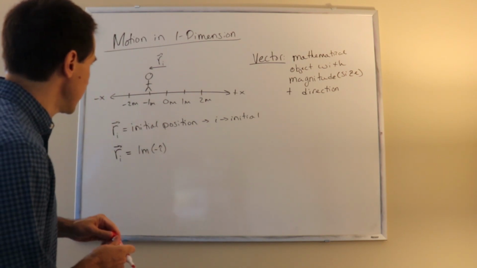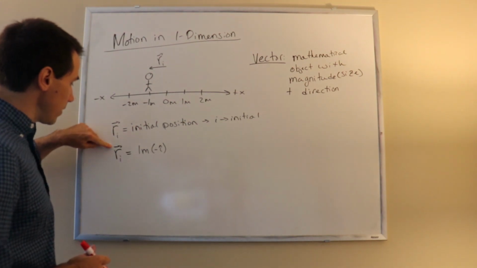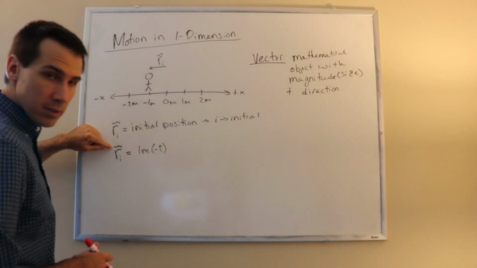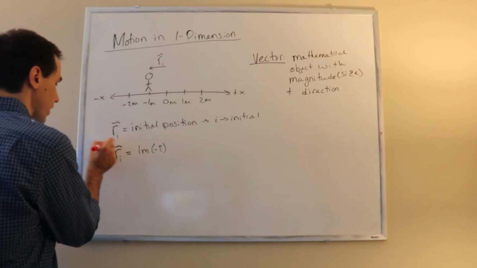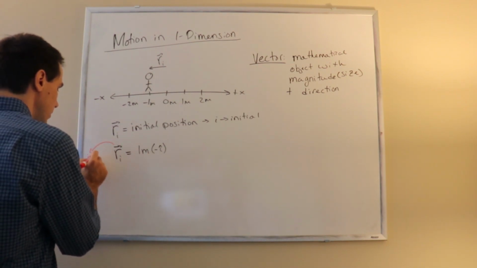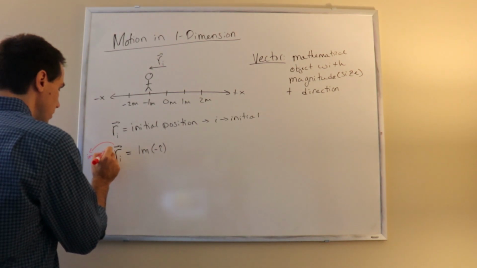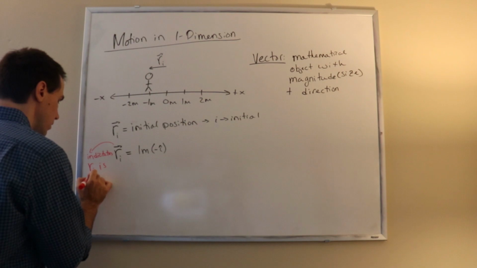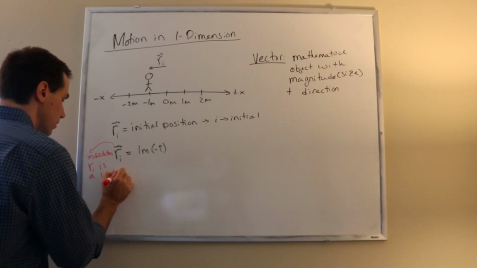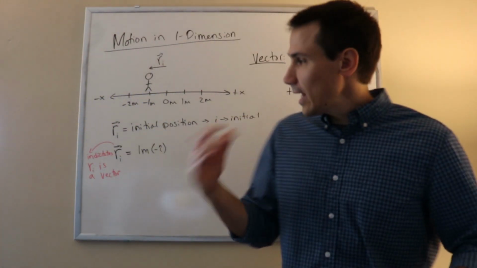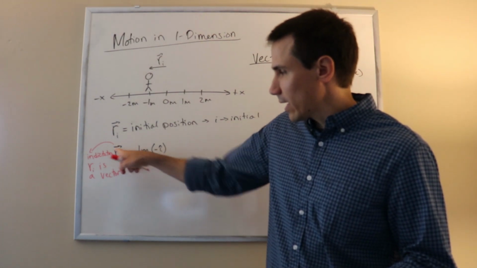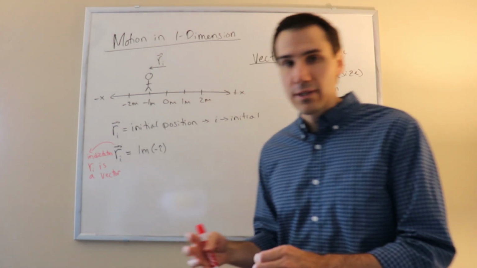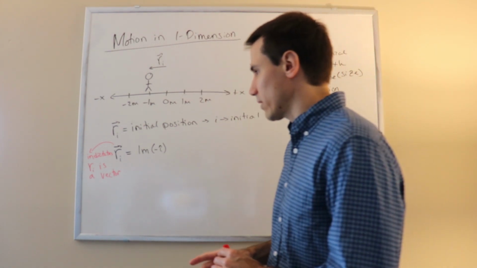When I put an arrow above a variable, that indicates that it's a vector. So anything that you see with an arrow above it indicates that the object is a vector and has a direction associated with it.